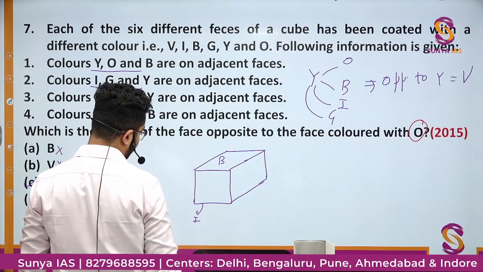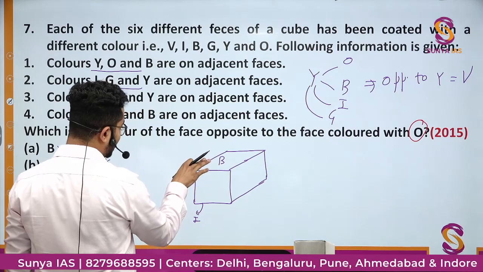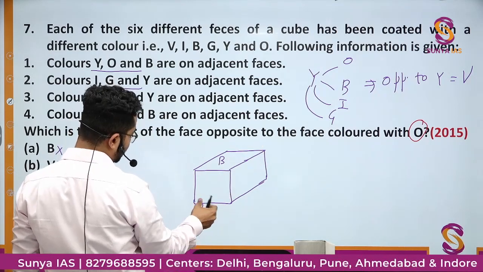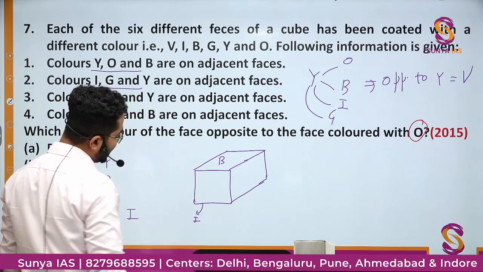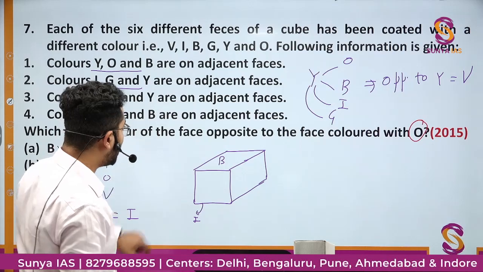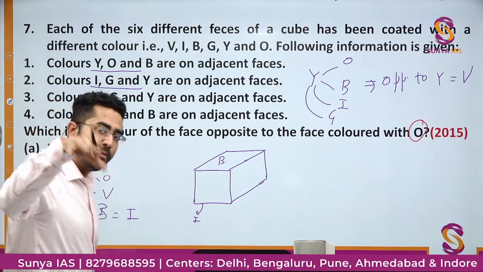ठीक है? Definitely पीछे side नहीं हो सकता y. Y can come at this place, this and back one, because its bottom is I, है ना? So y can come at either these four places. Y का कौन कौन सा है adjacent? Which is, let's see, common.